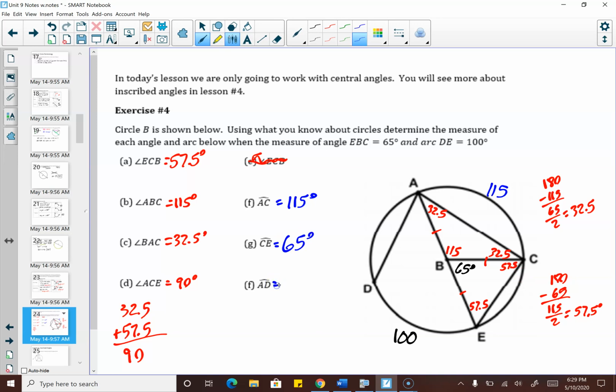Now AD doesn't have a central angle that maps it, but ABE is a diameter, which creates a semicircle, so arc ADE has to be 180 degrees. We know from D to E is 100, and if we subtract those two, arc AD is 80. Just some circle rules with basic arithmetic, but that's how we apply properties about circles to fill in missing angles and arcs.